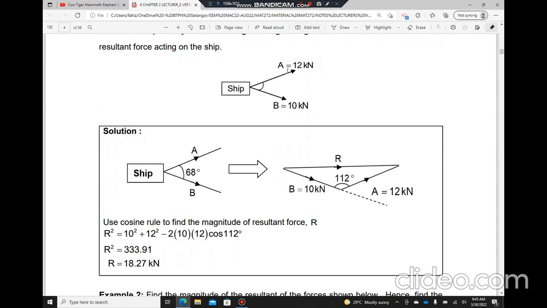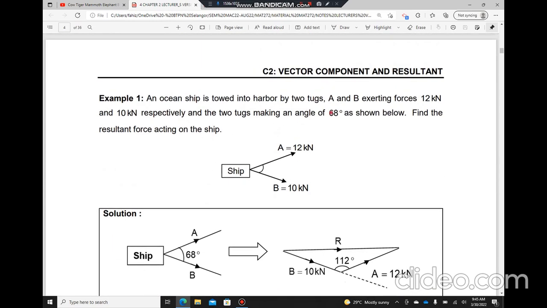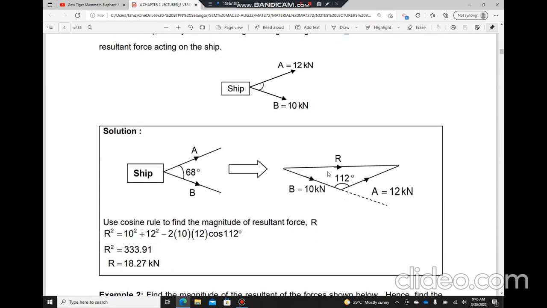Okay, so first ada ship dekat sini. Okay, so you put here A and B. Okay, A and B kat sini 68 degree sebab letak kat sini kan, angle of 68 degree. Okay, so kat sini diguna apa ni? Diguna triangle kan. Okay, so B kekalkan kat sini and then sambung A. Okay, sambungkan A. Okay, so if you can see here, yang ni kita akan gunakan triangle method.